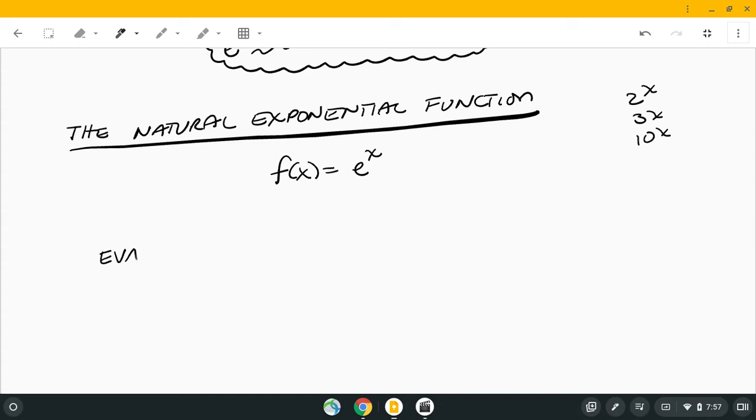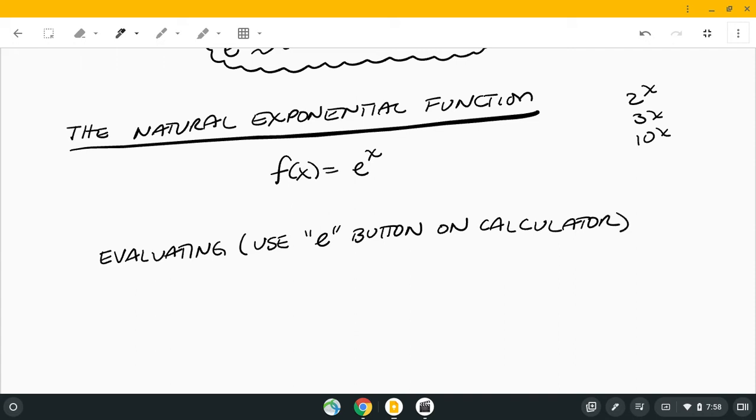And when we evaluate, we're going to go ahead and use the E button on our calculator. So make sure you can locate that. You'll need a scientific calculator.